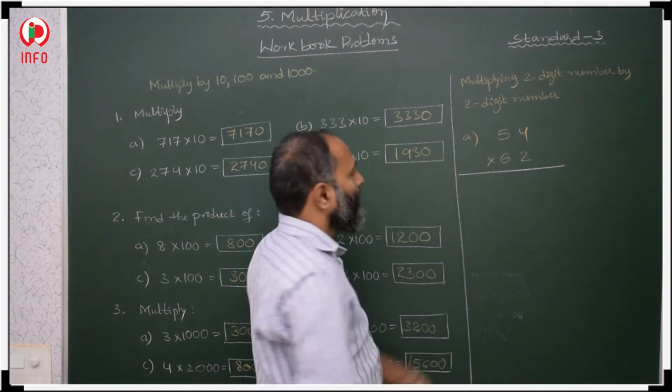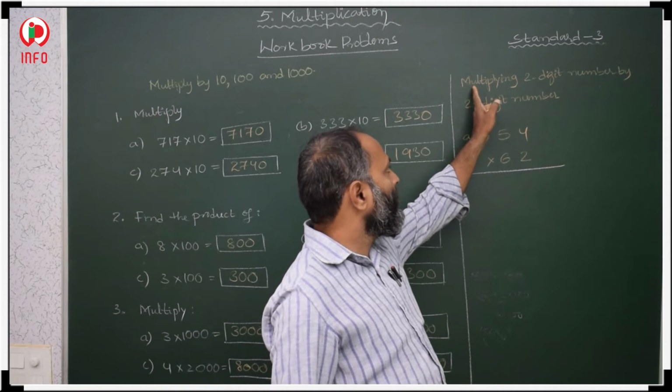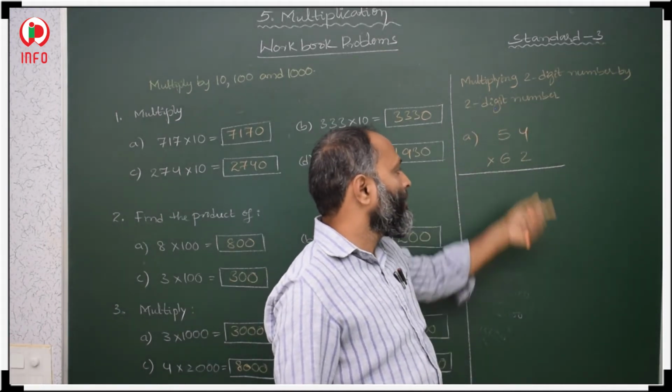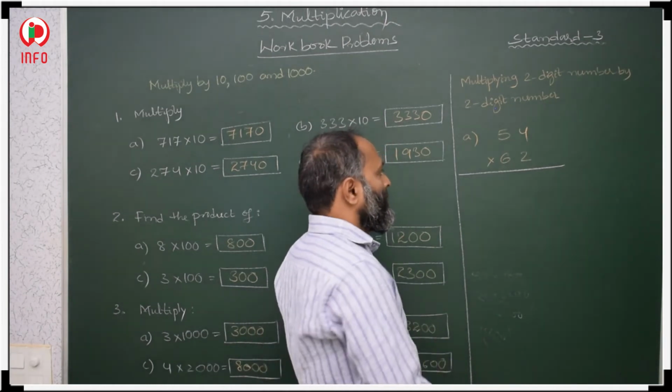Now here, see 54. In this we multiply a 2-digit number with a 2-digit number. So how to multiply here?